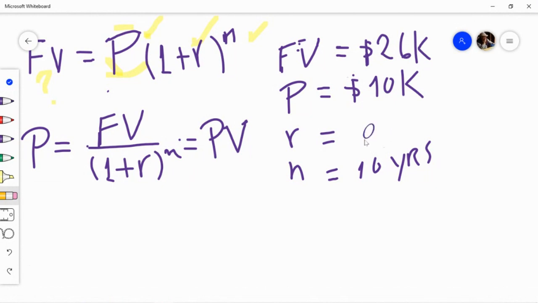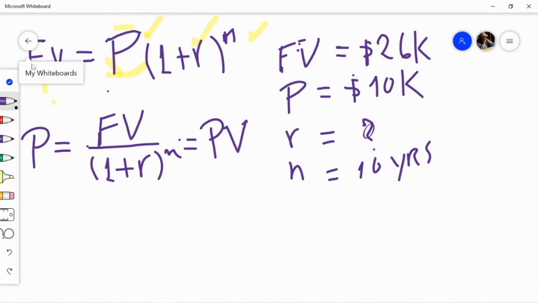Like, let's say we don't know the time. We'll get there, but before that, we need to know how to solve for R, in other words, rate. Using the same scenario, the same input values, we know R should be 10%, but how do we solve for it?